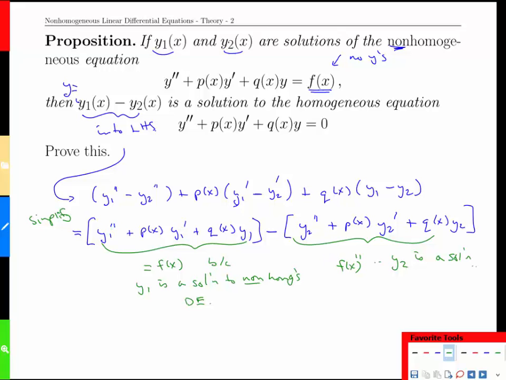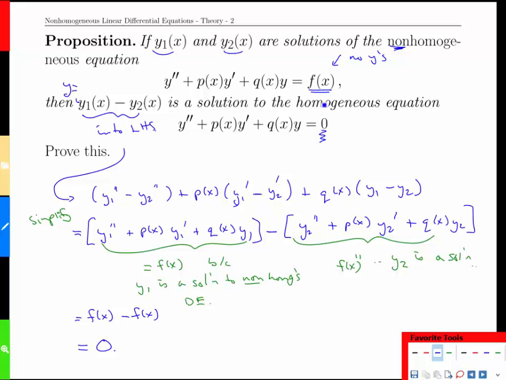So what we have is f of x minus f of x, and that sounds like 0. Aha! So what is that telling us? That the difference, if I pick any two solutions to this original equation, and I compare them, I take one minus the other, I'm going to get a solution to the homogeneous version.